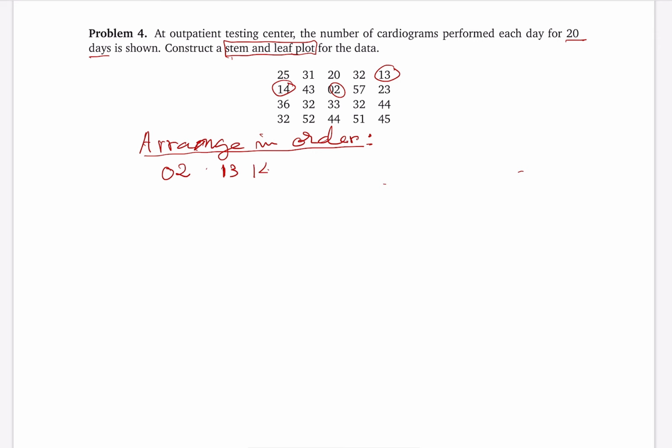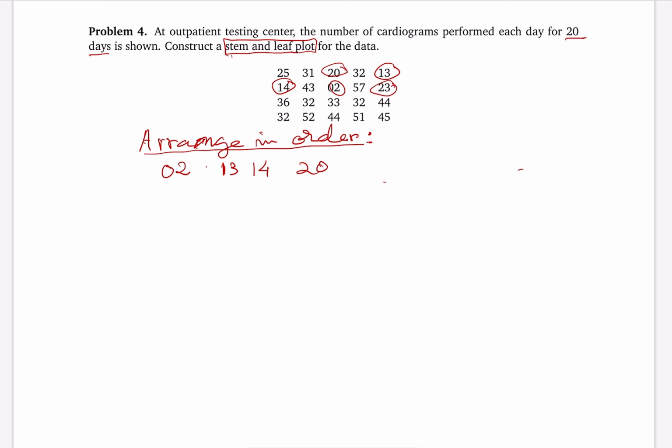Write down 14. The next one is 20. Write down 20. The next one is 23, and the next one is 25. Then the next one is 31. And the next one is 32.